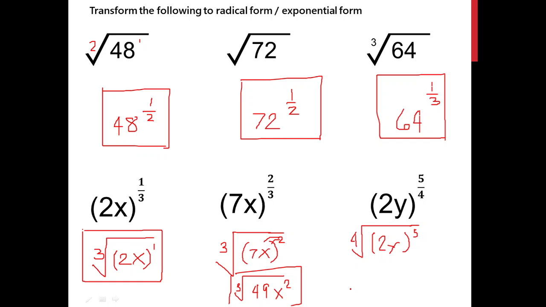Simplifying this one, following the law of exponents, you need to distribute the exponent here. So 2 raised to the power 5 is 2 times 2 times 2 times 2 times 2, which is 32. y raised to the power 5 is y raised to the power 5. This will be the transformed form of our exponential form.